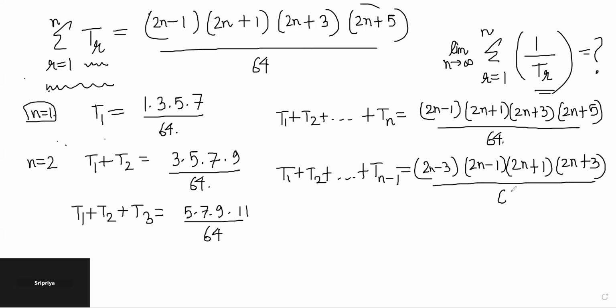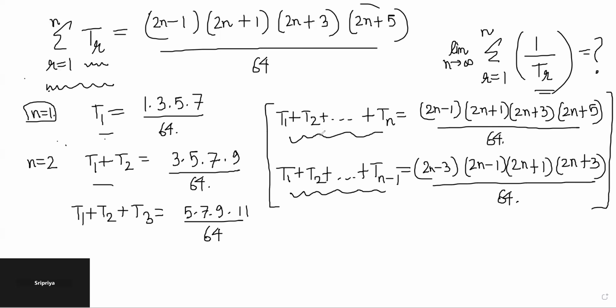Do you understand? This will be obvious only when you write one or two terms, then you'll realize the pattern. Why am I doing this? Because I can now subtract and get Tn from these two. All of these will get removed and only Tn will be left. So when you subtract, we can take many things common.